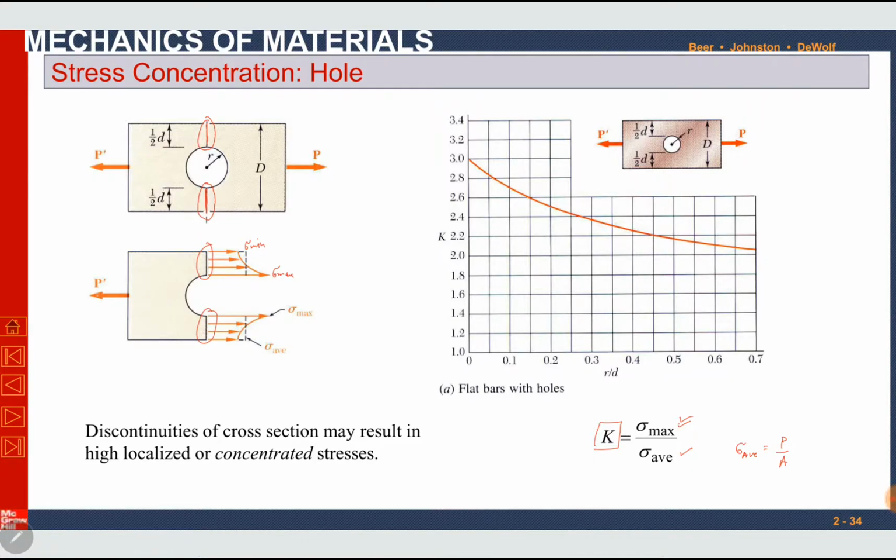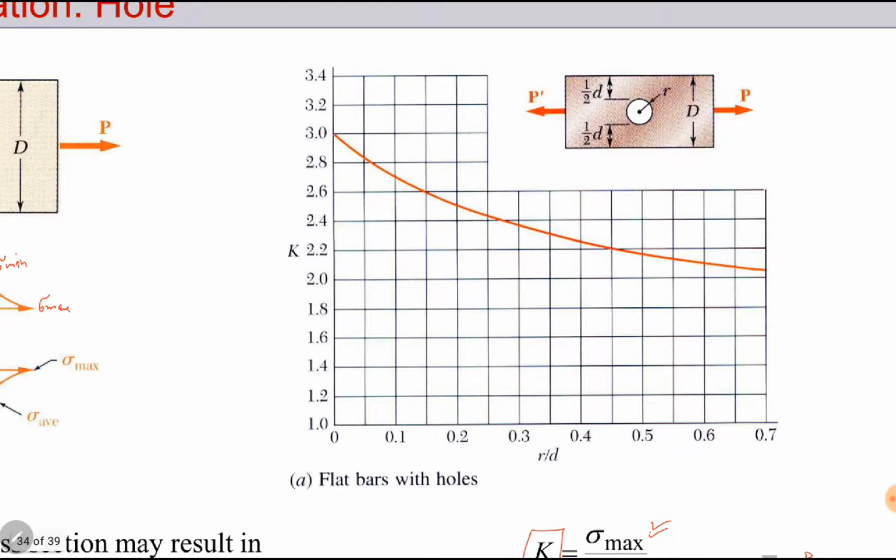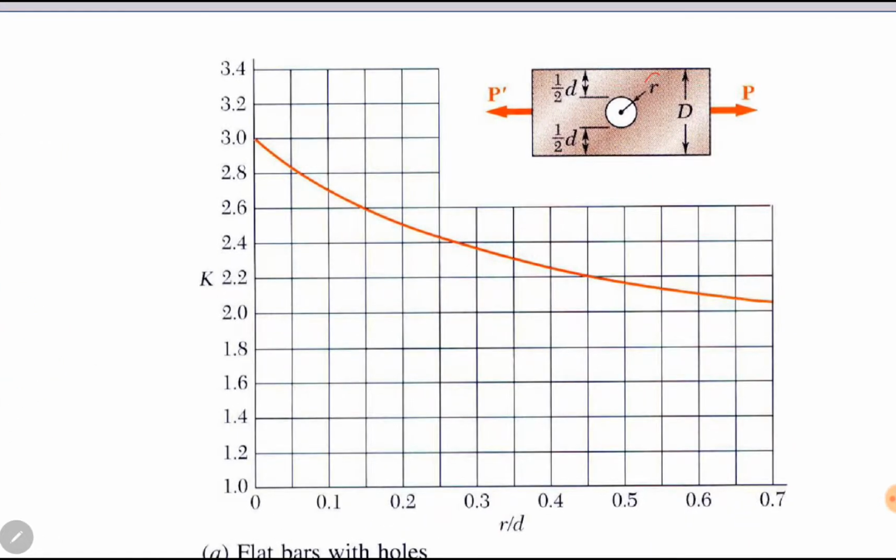In this graph, you can see the horizontal axis is small r by d. Small r is the radius of the hole. Small d is equal to capital D minus the diameter of the hole, which is 2r, divided by 2.